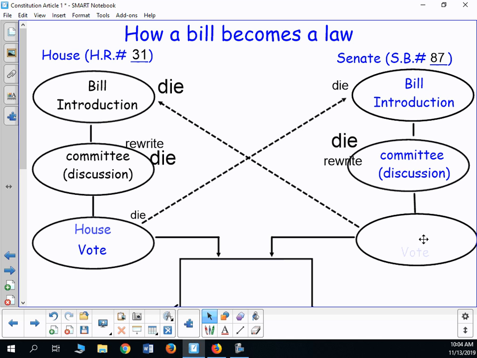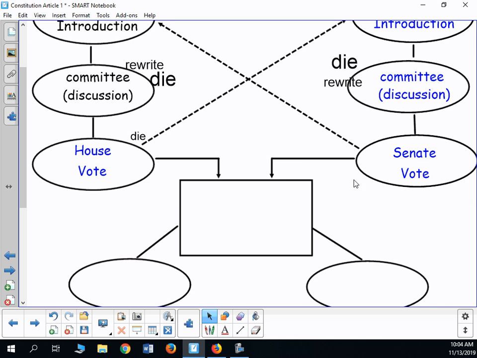Now the House version arrives here, and so does the Senate version. Their job, this group, is to compromise and make this bill identical. So you have a group from the House and a group from the Senate, and together they work to compromise and make the bill identical.